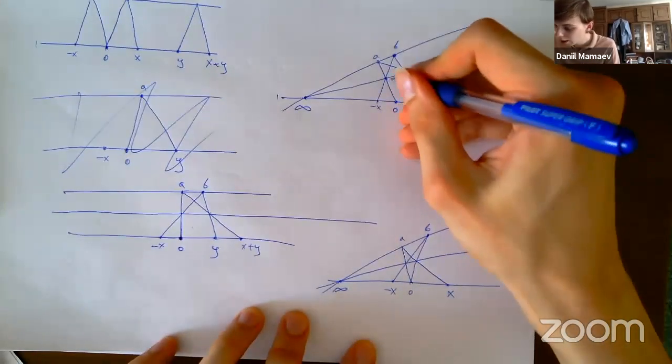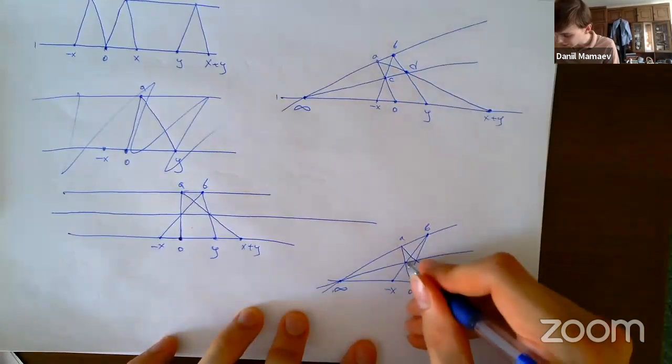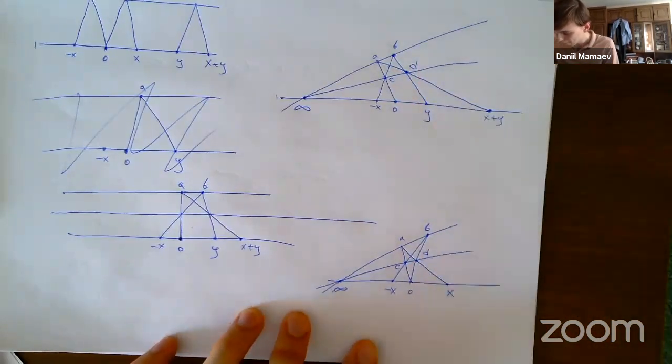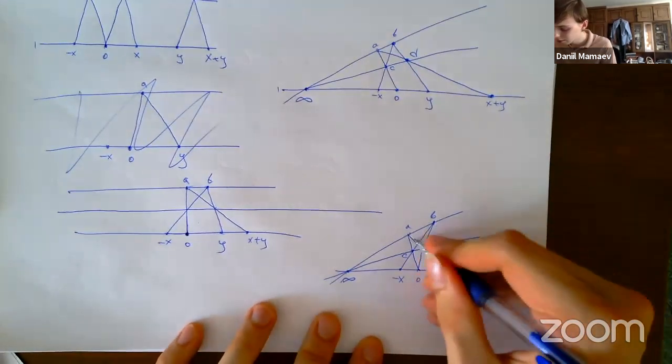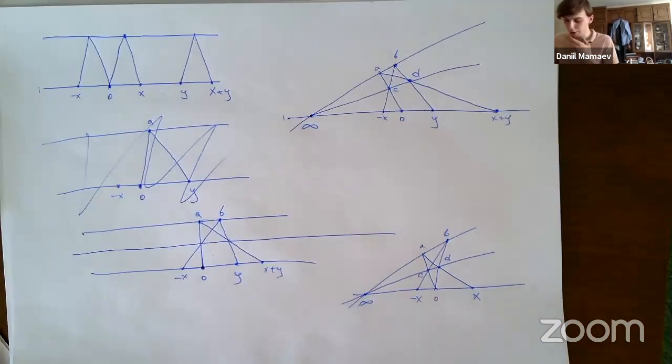So, but let's focus on these two. And now we want to say that suppose we had some quadrilateral relation. We want to draw a picture such that it ensures this quadrilateral relation. And it's exactly what we do.